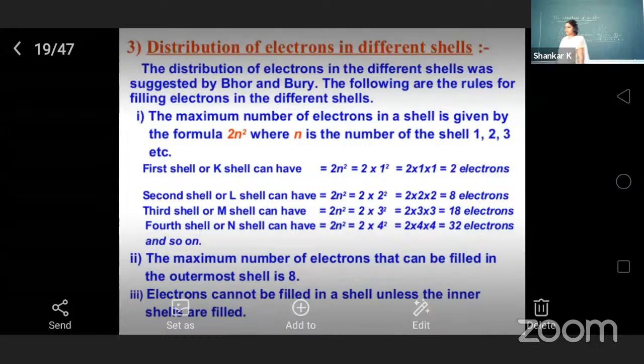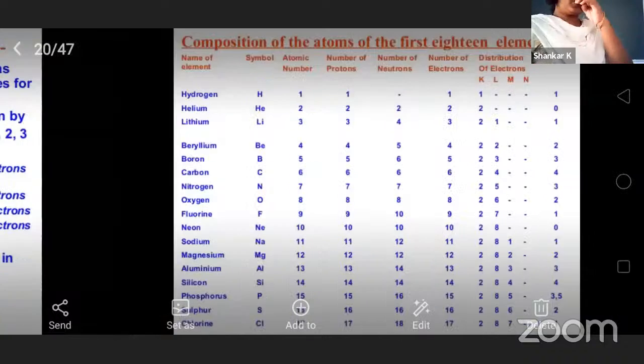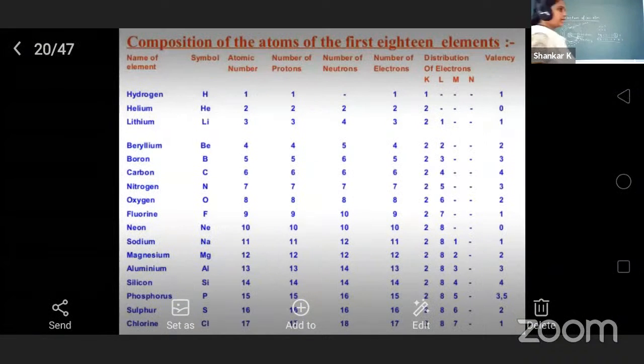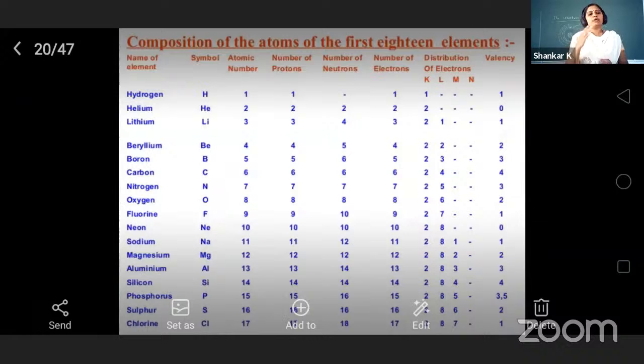Then next, we have already discussed the atomic number and valency number, and we have found them. Here, what we have to know: the number of elements given, symbols given, atomic number is given. In that, the number of protons, number of neutrons, number of electrons, distribution of electrons, and valency number are there.